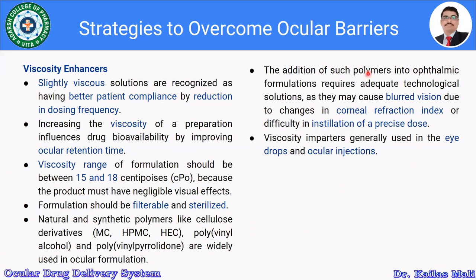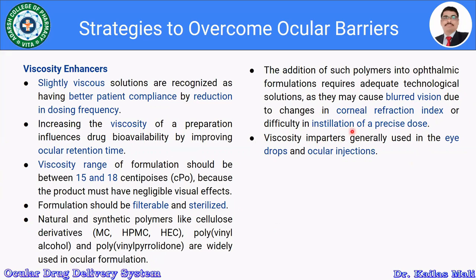Addition of these polymers into the formulations requires additional technological solutions, as there may be a chance of blurred vision due to changes in the corneal refractive index or difficulty in instilling the precise dose.